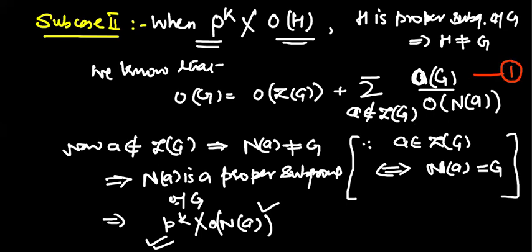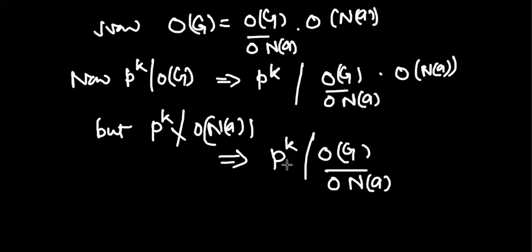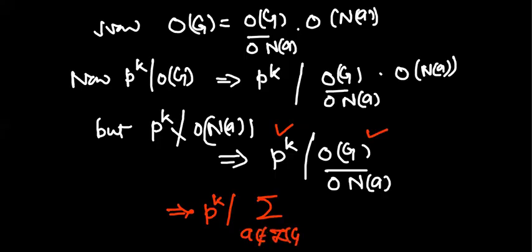No, using this class equation. Now, this is not holding for this, p raised to power k does not divide this. So we can write that p^k does not belong to Z(G), order of G by order of N(a).